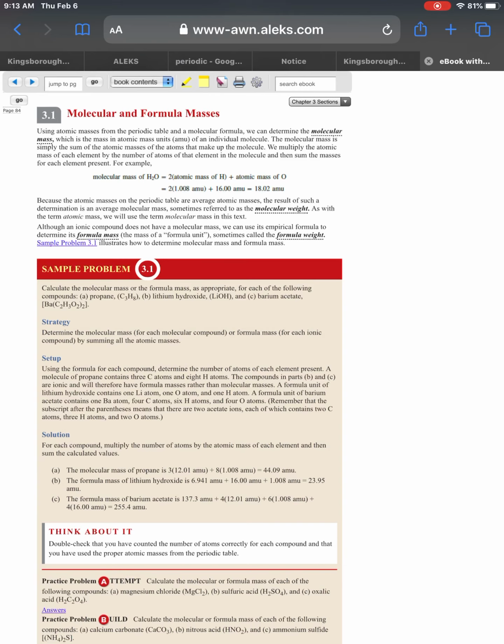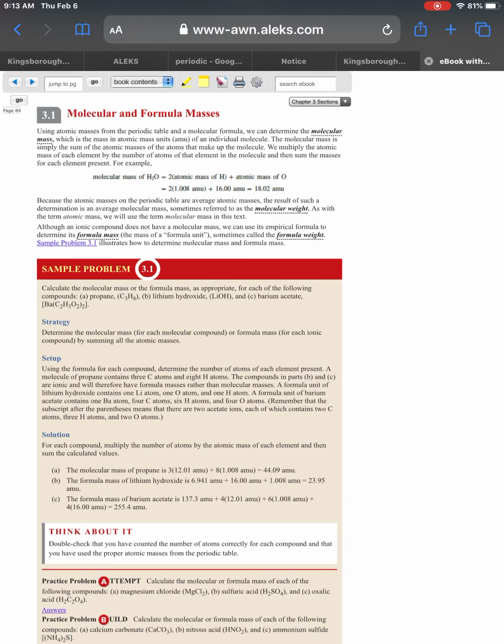Barium acetate is more complicated because of all these brackets. So the reason the square brackets are there is just to tell you that that's the formula for barium acetate. The rounded parentheses are there to tell you the number. So in this formula, there's 1 barium, but there's 4 carbons. Why 4 carbons? Because it's C2, but outside the parentheses, there's another 2.